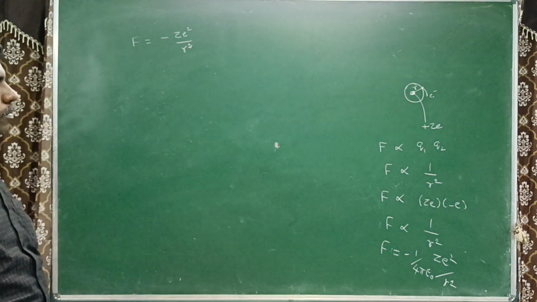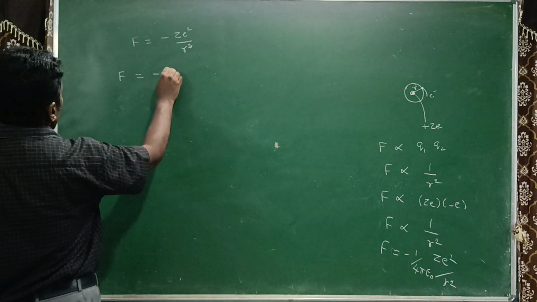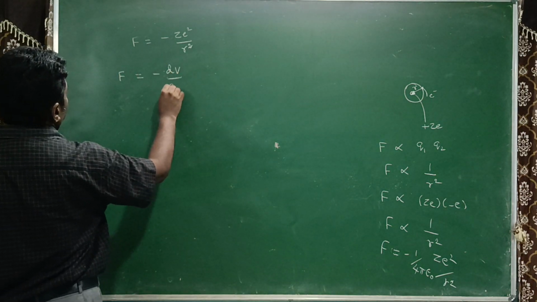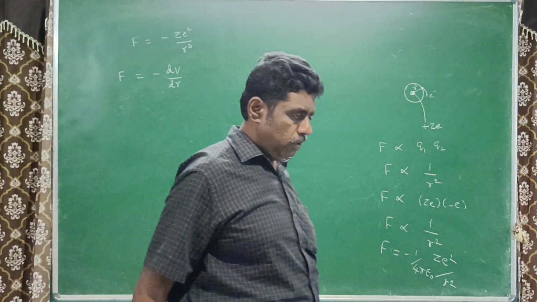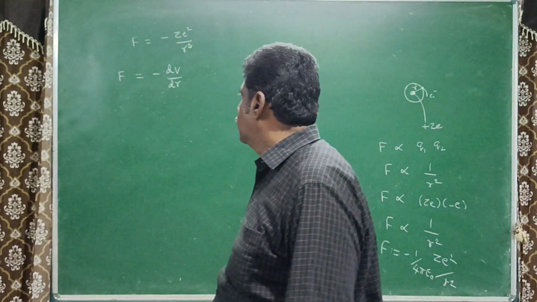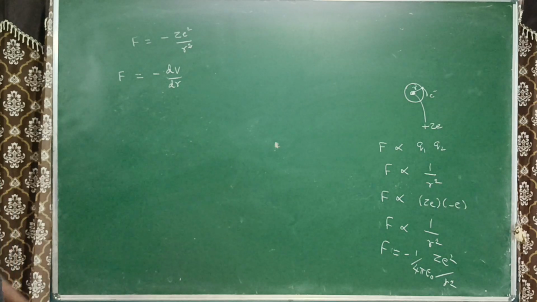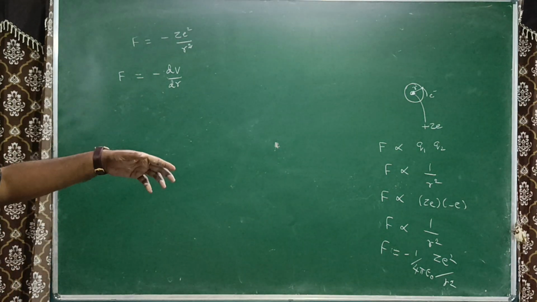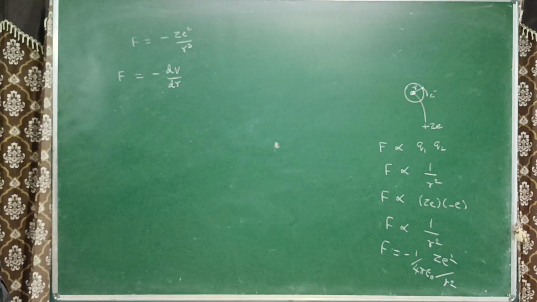We know that force is the negative gradient of potential, minus dV by dr. This equation is present in our mathematical physics as well as classical mechanics. Work done in moving a unit positive charge from infinite distance to a particular point is called the potential at that point.